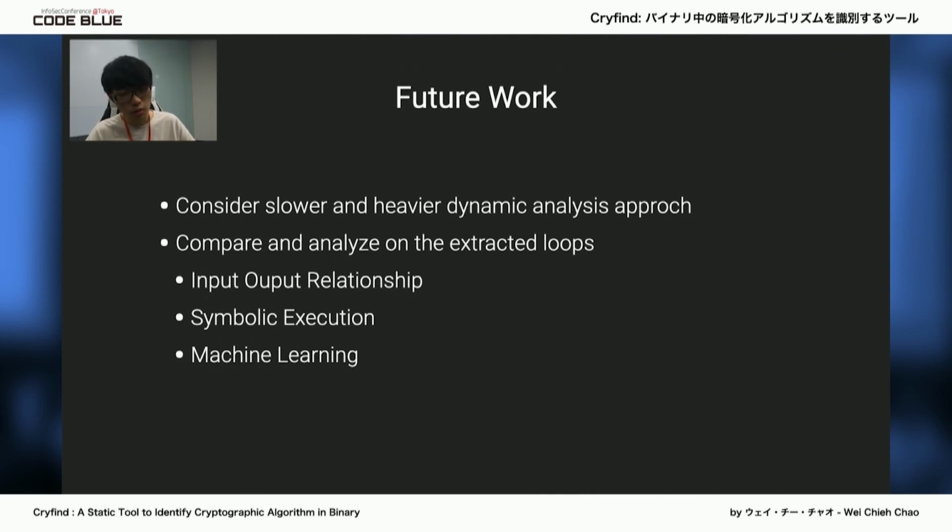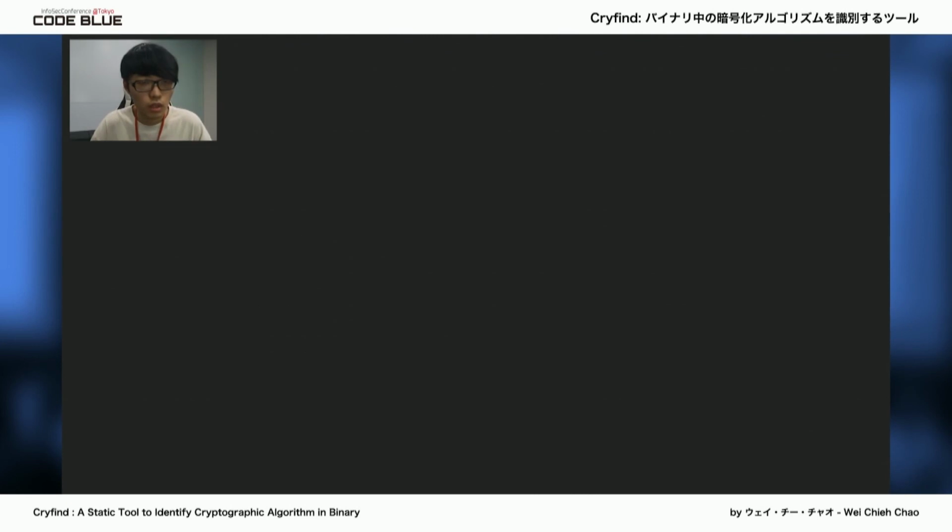And the third method is to use machine learning to classify the loops into different algorithms. We will do some more research on this method in the future. Okay, so that's it. Thanks for listening.